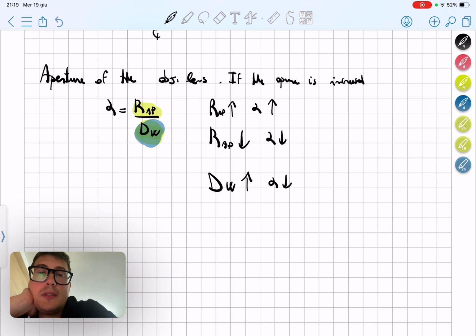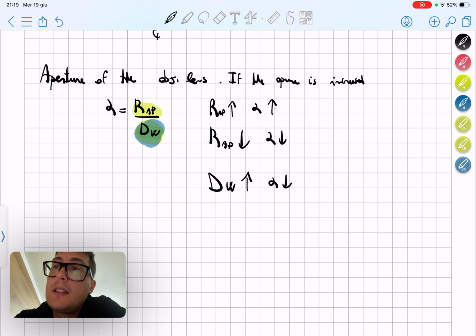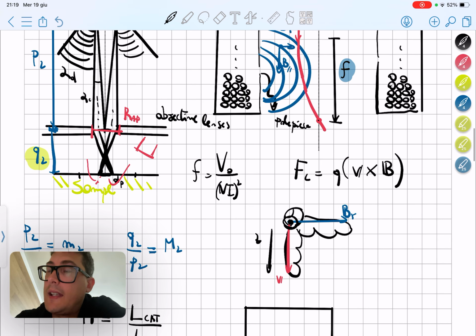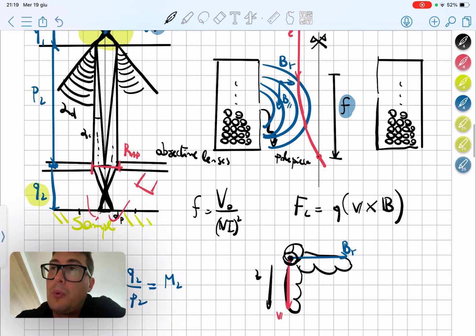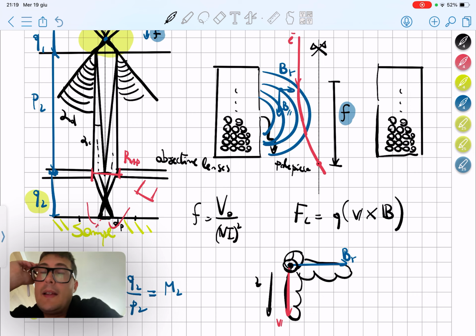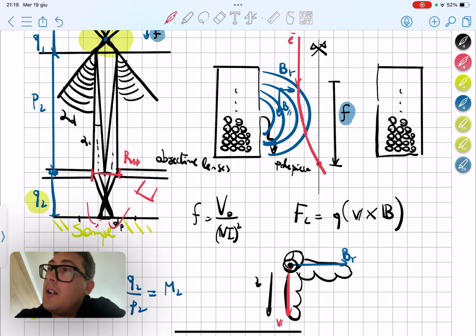The last parameter which a microscopist can change is called the focal length. This F that I anticipated, I spoke about before. The effect of this is that we can reduce the current that is crossing our coil.